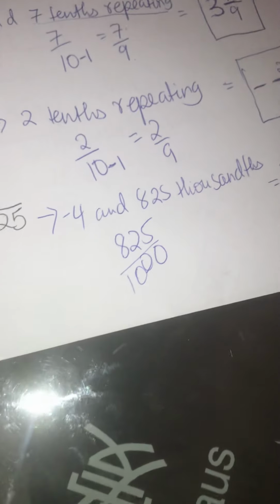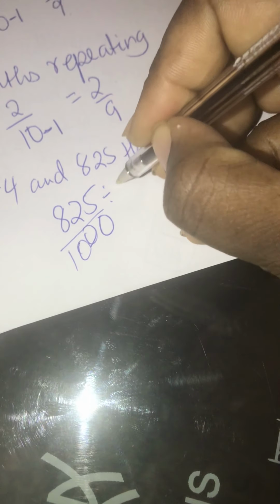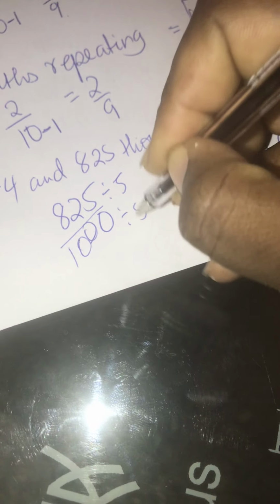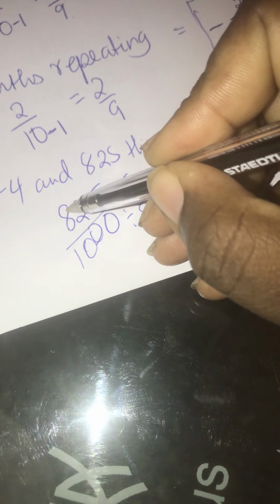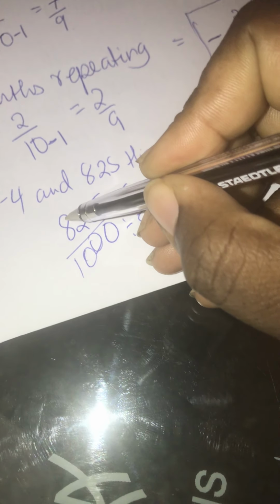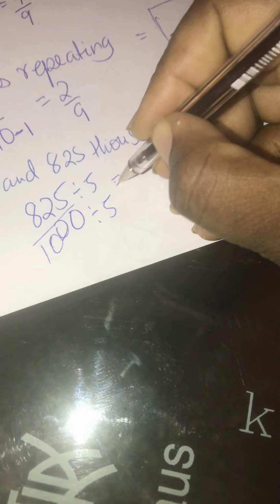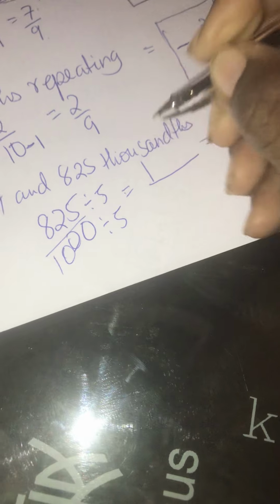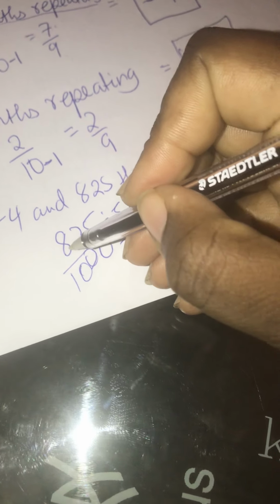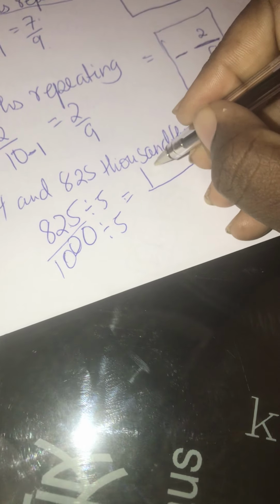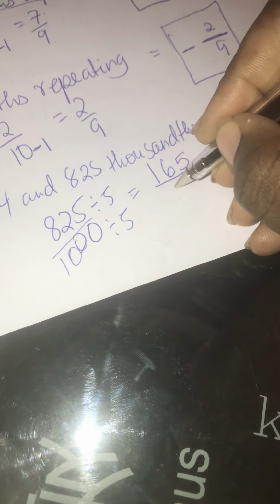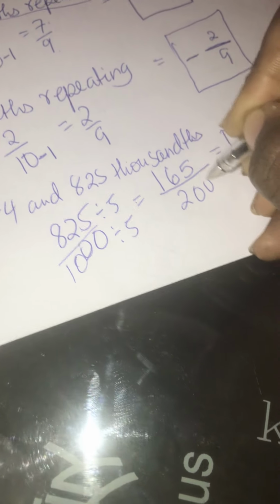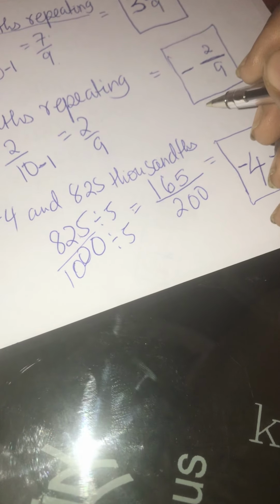Who is my common factor? 5. So divide by 5, divide by 5. 5 goes here 1 time. So that is 1. Then 3 remains, 32, that's 6. And then 5, 165 over 200. Can I use 5 again?